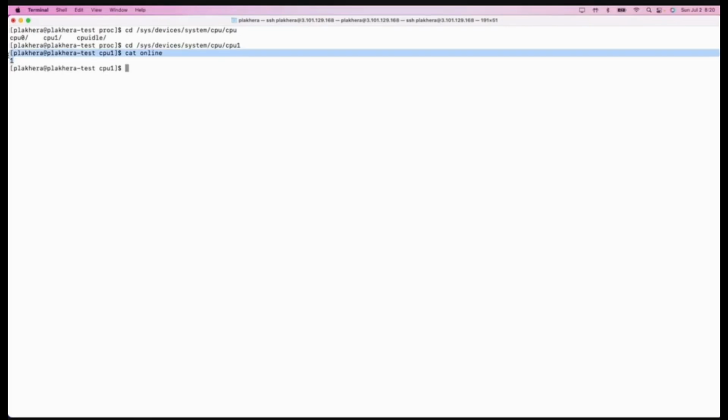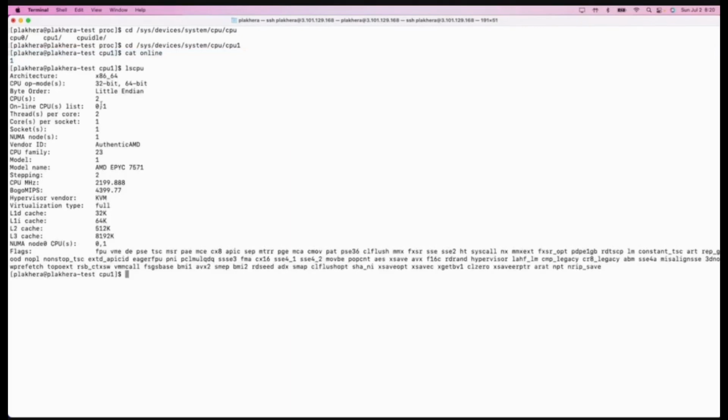Here you will see 1, right? And if I do lscpu, this system has 2 CPUs, right? So in case I want to switch off one CPU just for the sake of testing, or to see how my system will behave if one of the CPUs turns off, I can do it over here.